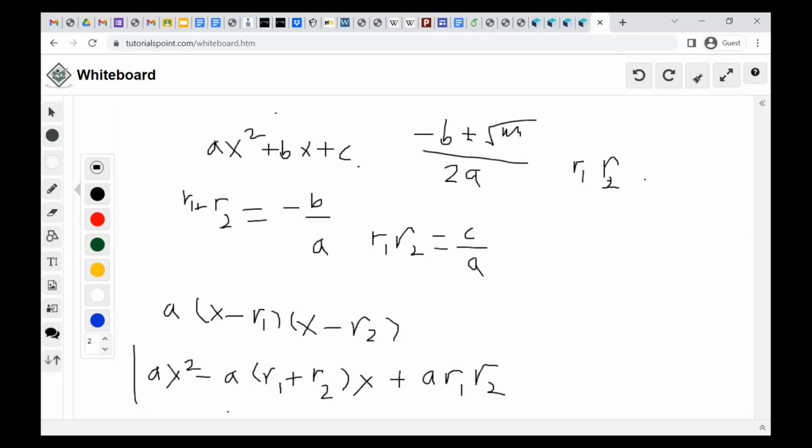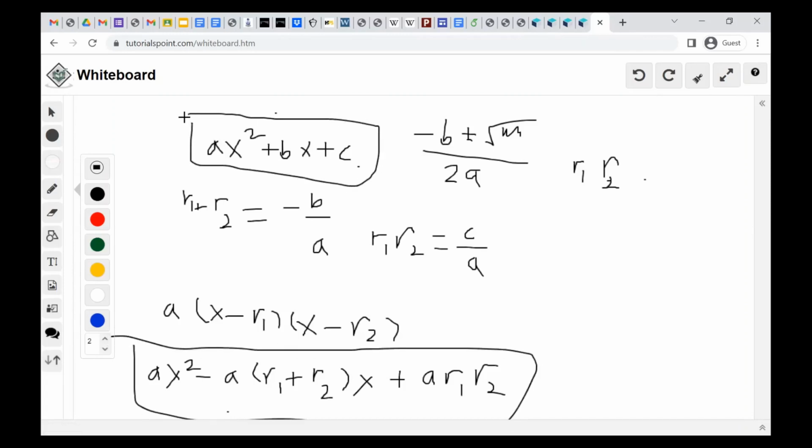However, this polynomial and our original ax squared plus bx plus c polynomial are the same, so negative a times R1 plus R2 has to equal b, and a times R1 R2 equals c. That's how we get these two.